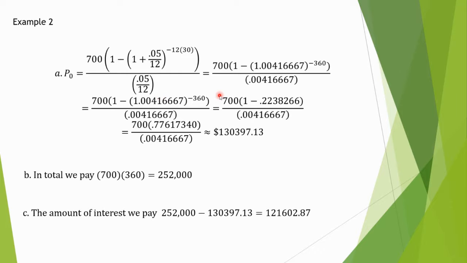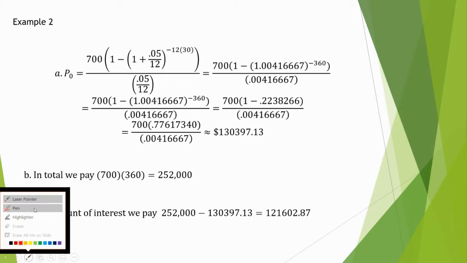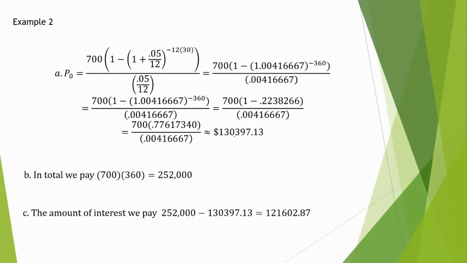So we have all this. We're plugging in. Again, I use the calculator for this. Not sure why I didn't use Excel, to be honest. But anyway, what we end up getting is this. $130,397. Let me put a comma in there to make it easier for us. Like so. Okay. All right, that's good.